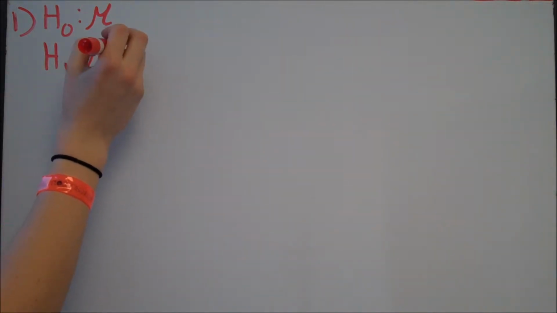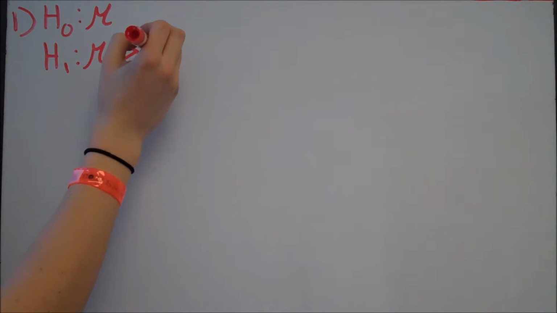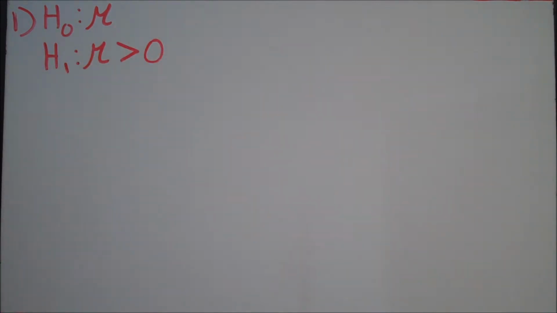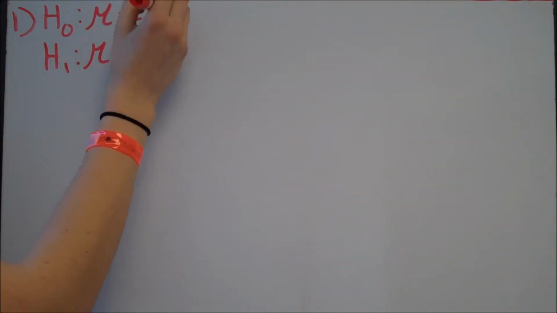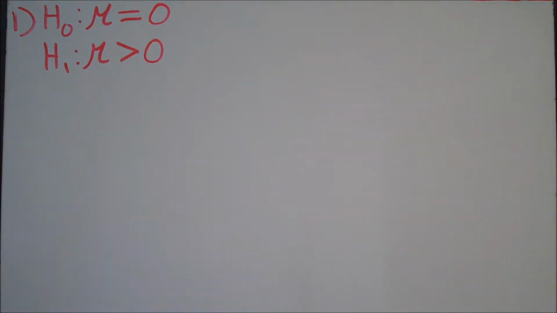It asks us to test the claim that the mean weight loss is greater than 0 pounds, so that's our alternative hypothesis: mu is greater than 0. And your null is always going to be equals to, so mu is equal to 0.